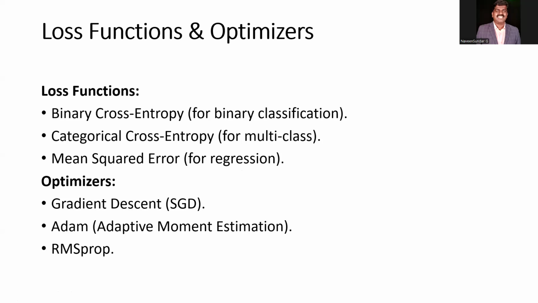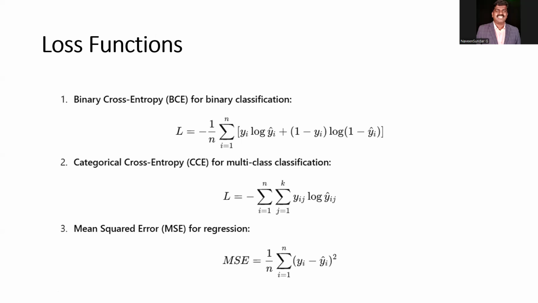For optimizers, we use SGD, gradient descent, Adam for adaptive moment estimation, and RMSprop. As I told you, we use these to change the weights that were already given. That's all about it.